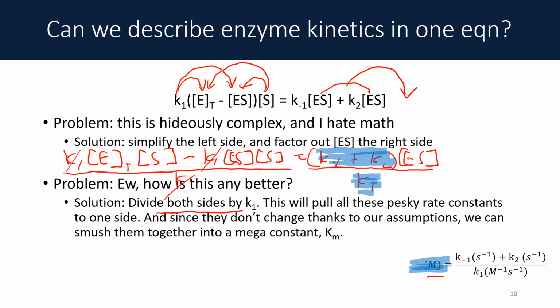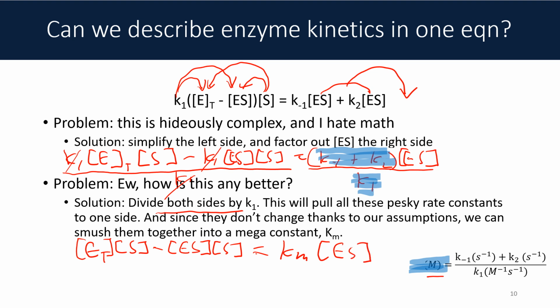And let's apply that to our rearrangement that we just did. It will simplify into ET times S minus ES times S equals Km times ES.